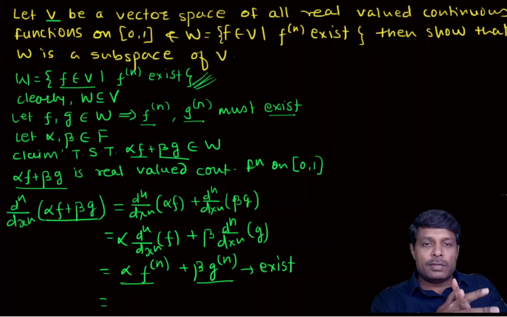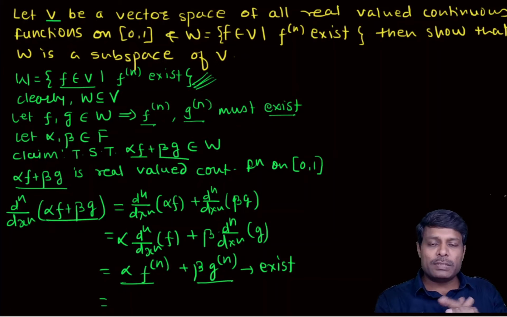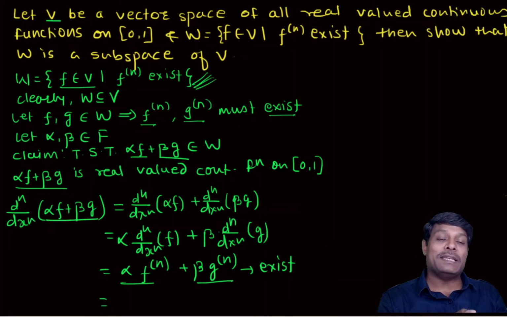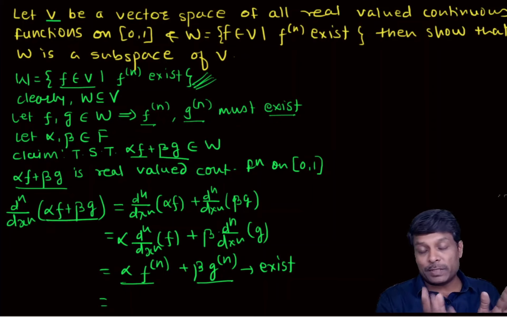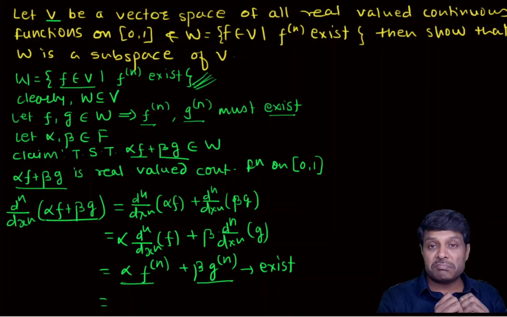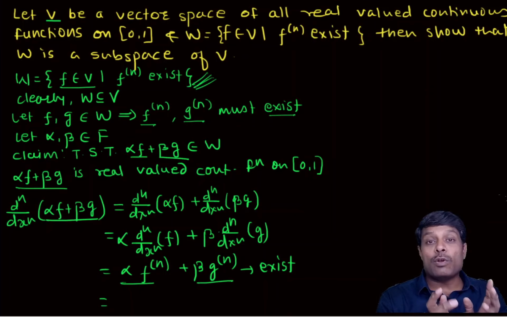So after these examples, first of all, we have proved that the intersection of two subspaces is again a subspace. What about the union of two subspaces? The union of two subspaces need not be a subspace of the vector space V. It means that it may be a subspace, it may not be a subspace. We cannot say concretely.